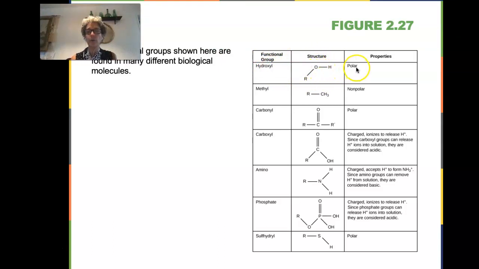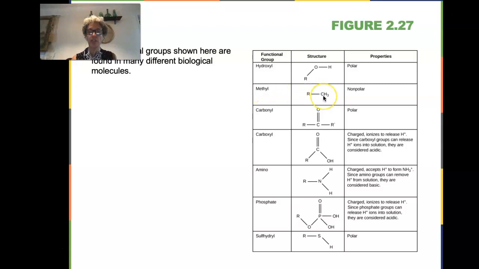It is polar, which is hard to tell from this structure without seeing the actual atomic interactions with their valence electrons, but OH is 2/3 of a water molecule. So whenever you see lots of hydroxyls, you know it's going to be polar.